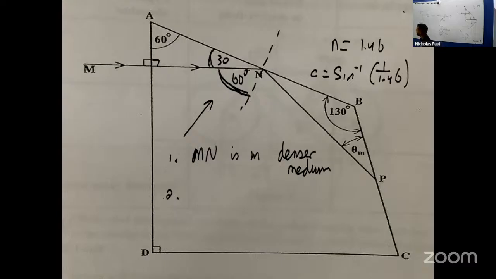So sine inverse 1 over 1.46. How much is that? 43.2. Critical angle is 43.2. So will total internal reflection happen?